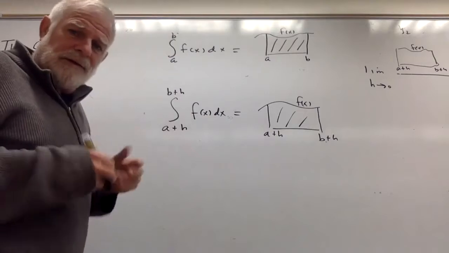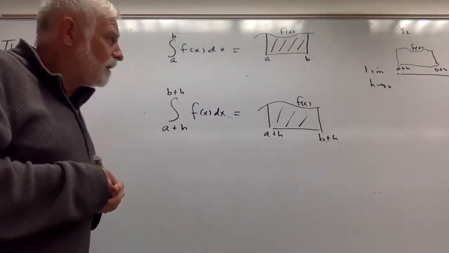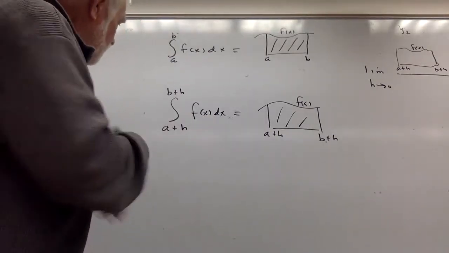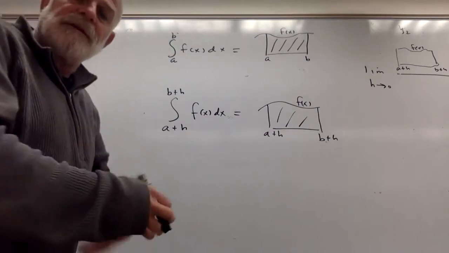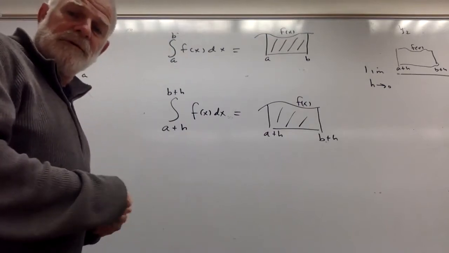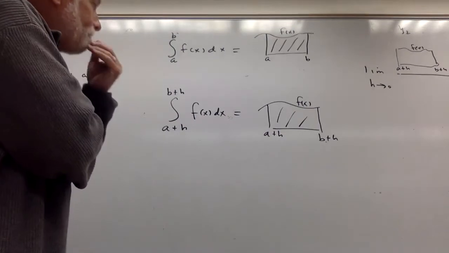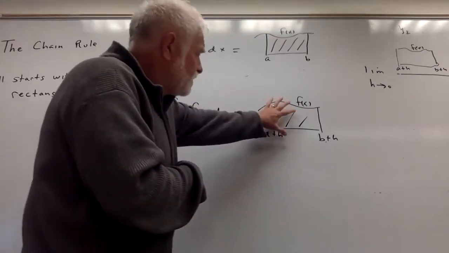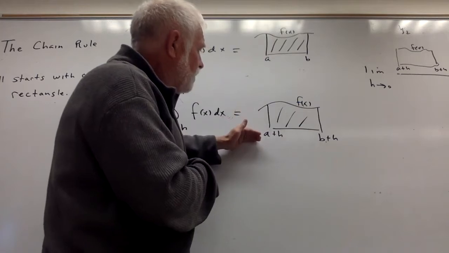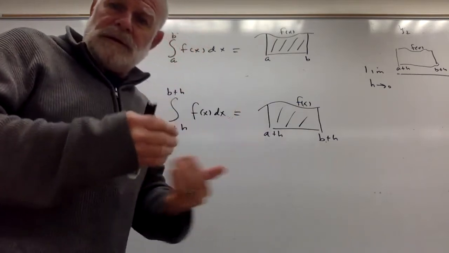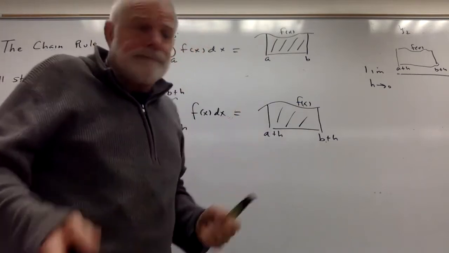So we're really heading towards the formal definition of the derivative, the limit as h goes to 0 of f of x plus h minus f of x over h. I'm sure you studied that by now if you're looking at the chain rule. So we're going to slightly change the area accumulation under a curve from one location to the next, and we're going to look at the change in area over the change in x.